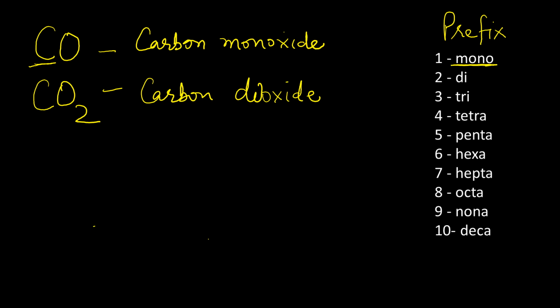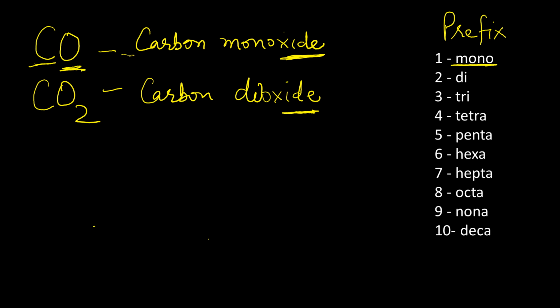All right, clear? Mono is to be used when the second element is single, not if the first element is single. And don't forget that oxygen is converted into oxide, so it ends up with oxide.